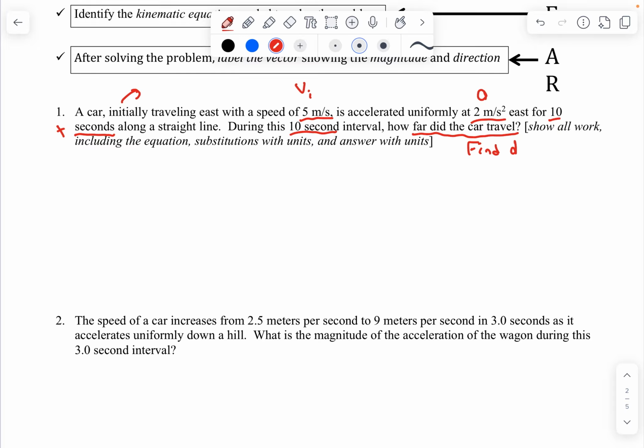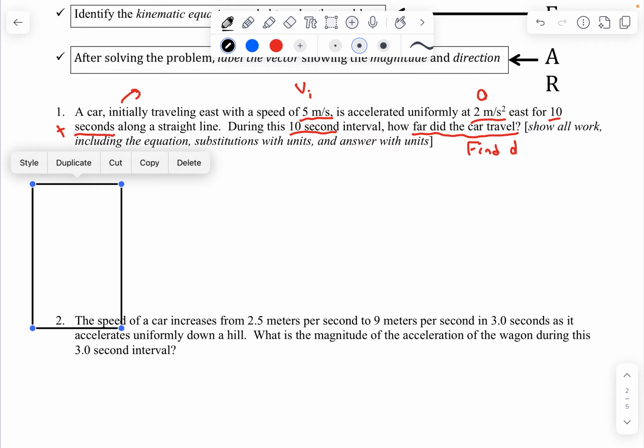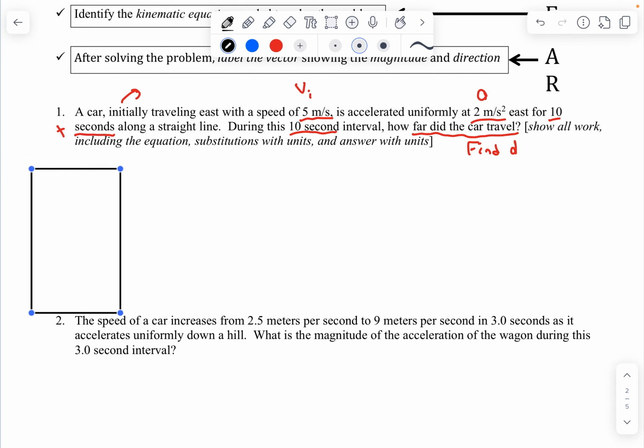So we can set up our table. What's the initial velocity? 5 meters per second. We have it right up there.